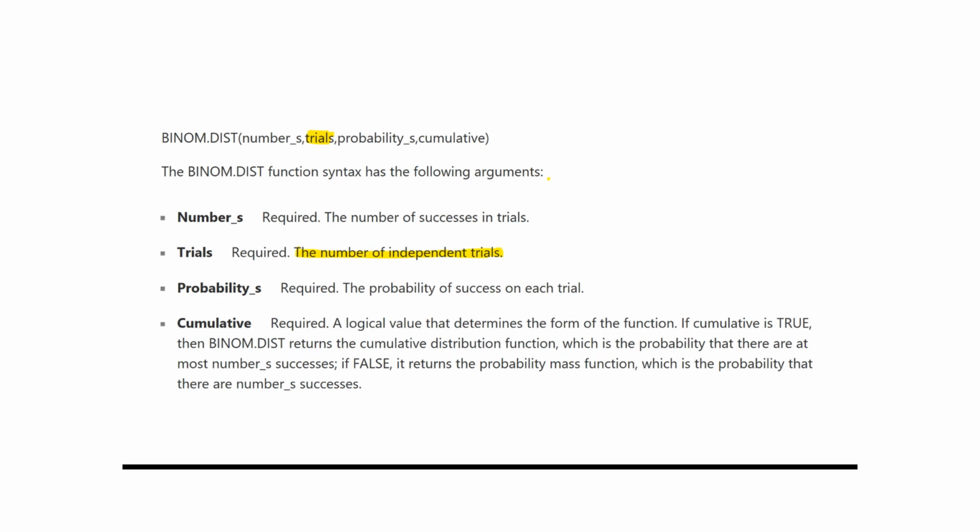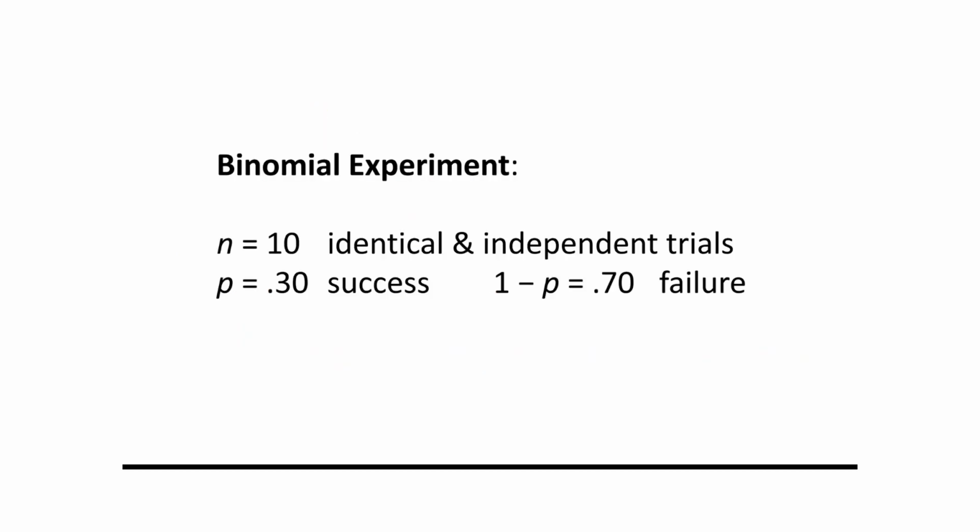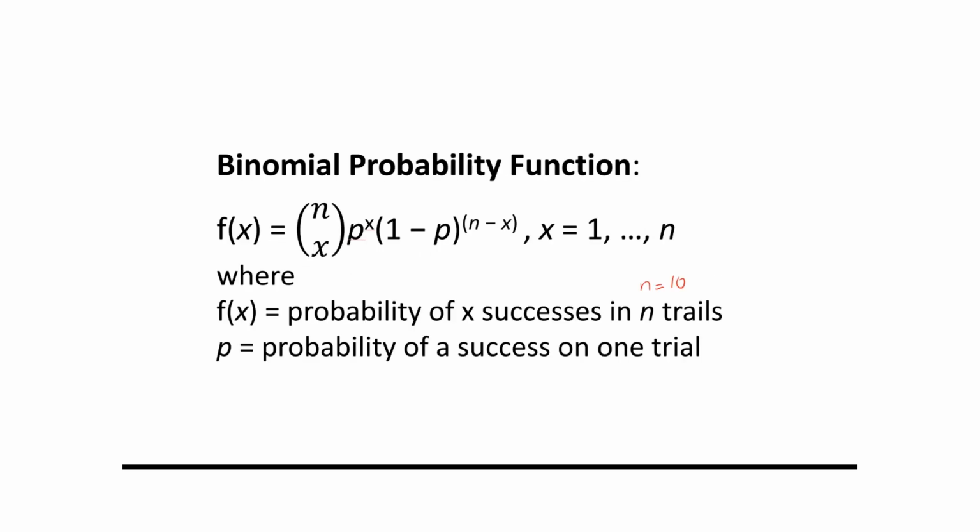Next, the number of independent trials. Here we're looking at the manager expecting 10 customers to enter the store in the next hour, so the number of trials would be 10. Earlier we specified that as n, just like in the algebraic expression of our binomial distribution function.